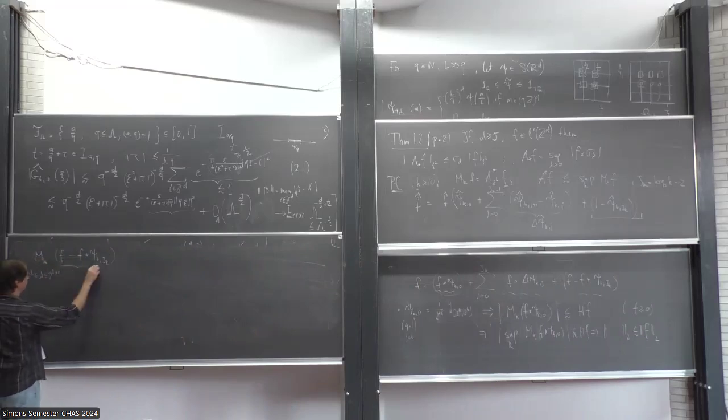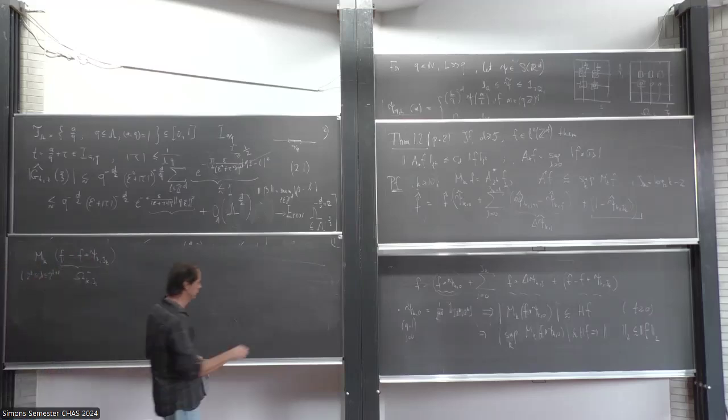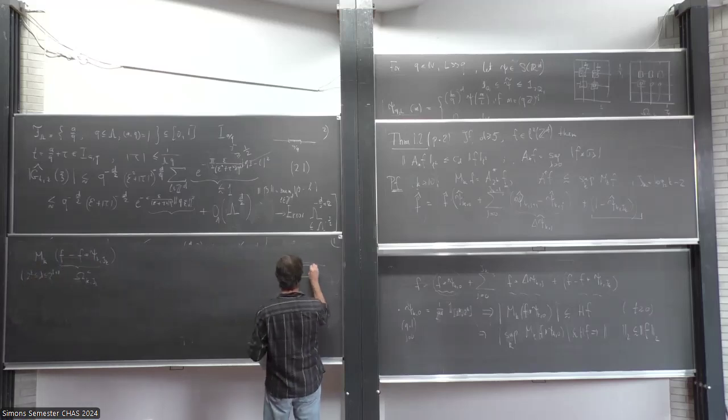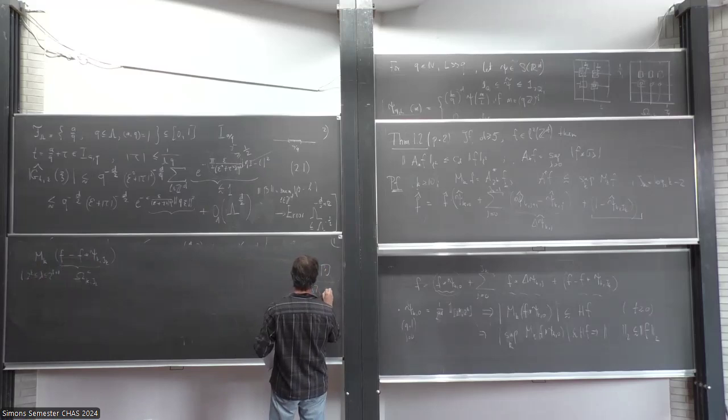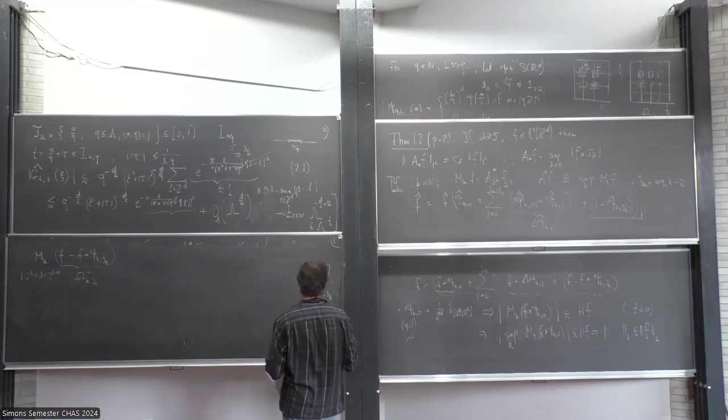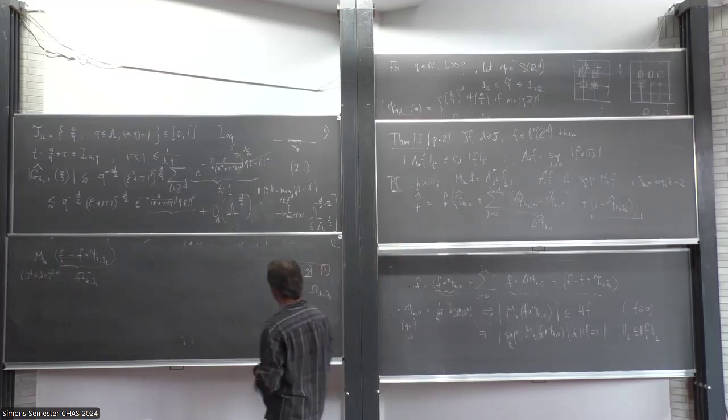So the Fourier transform of this is supported in the complement of omega j, k, because the Fourier transform is 1 minus psi hat, and psi hat is 1 on omega j, omega k and jk. Because that's how we set up these pieces.